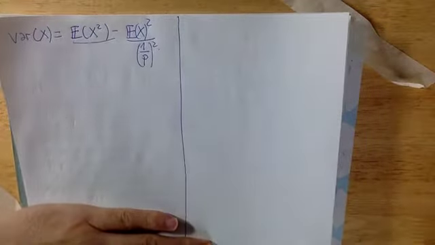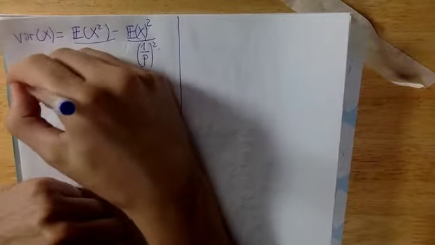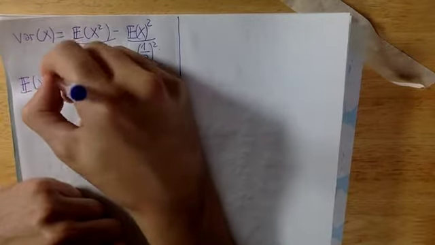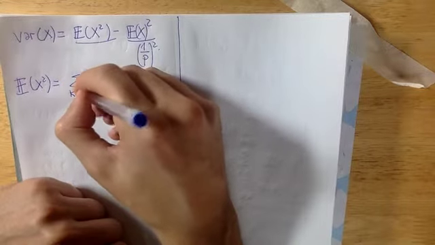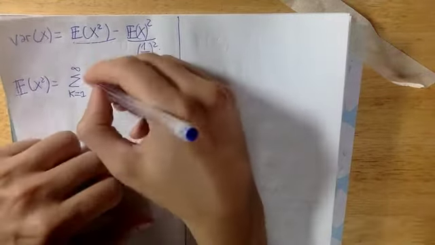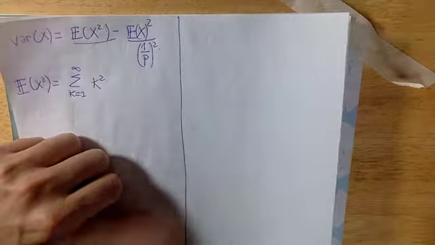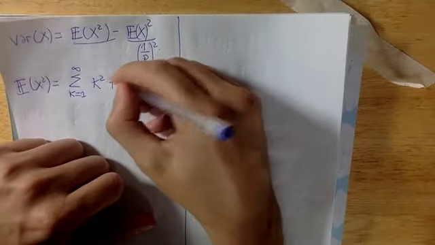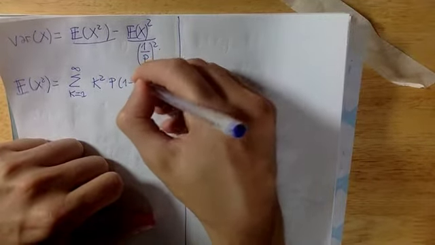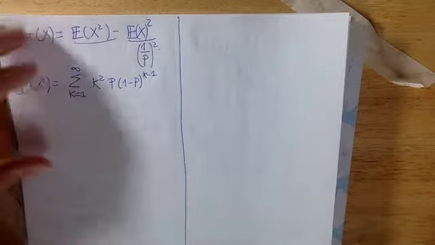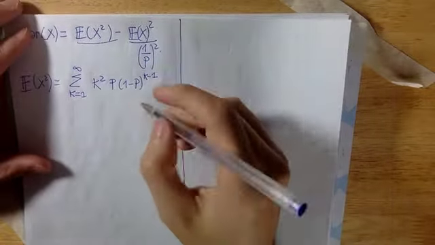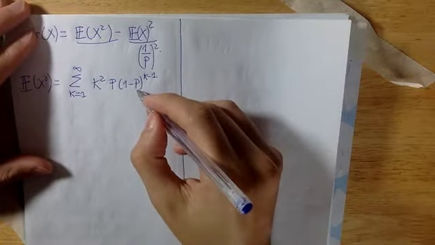So now we need to take the expectation of x squared. The expectation of x squared is going to be equal to the sum from k equals 1 up to infinity of k squared times p times (1 minus p) to the k minus 1. So the way that you can do this is by realizing the following.